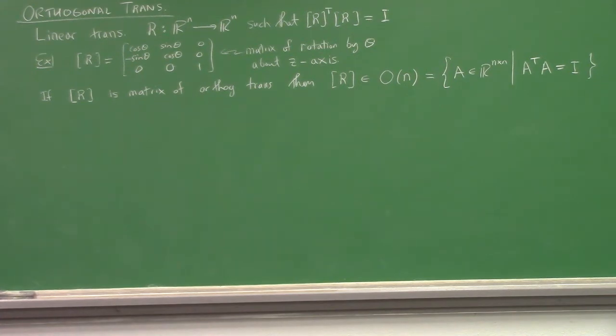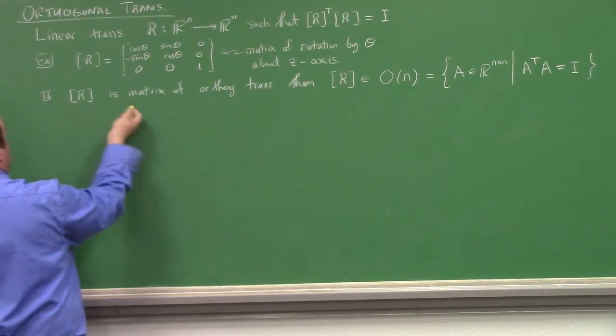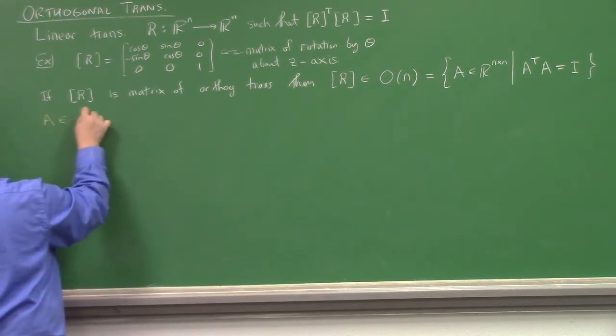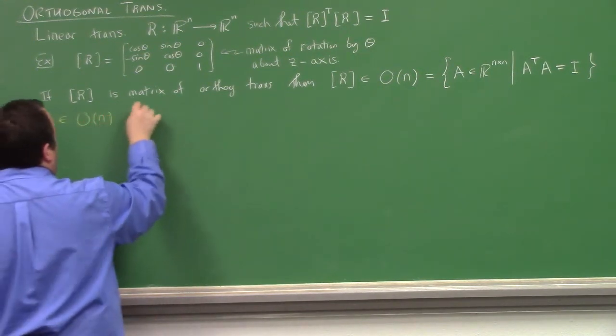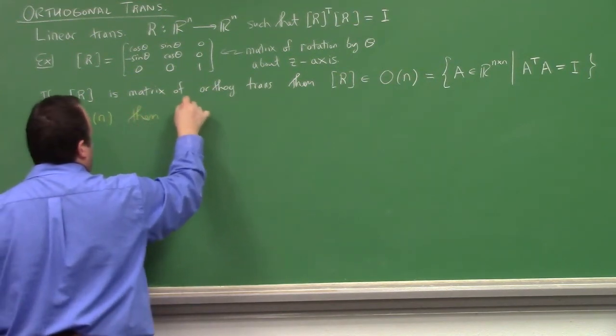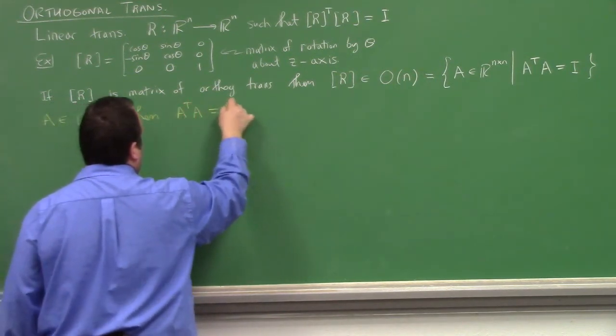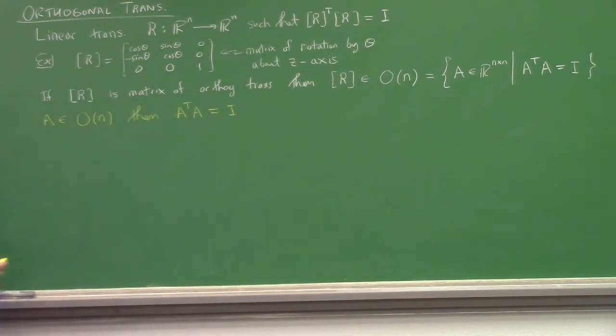Okay, so we should notice something about this. If A is an element of O(n), then A transpose A equals I, right? Let's take the determinant of this. What do we learn about these?